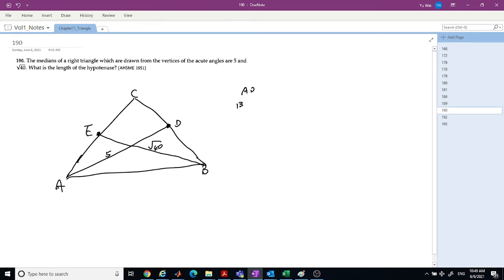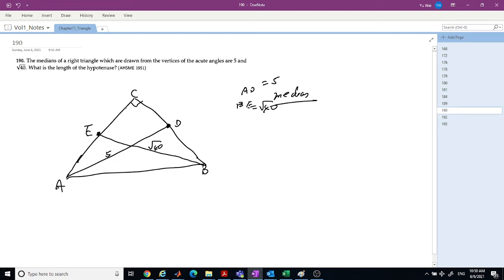AD and BE are medians. AD is 5, BE equals root 40, and this angle is 90 degrees.